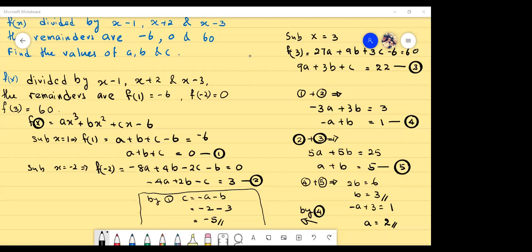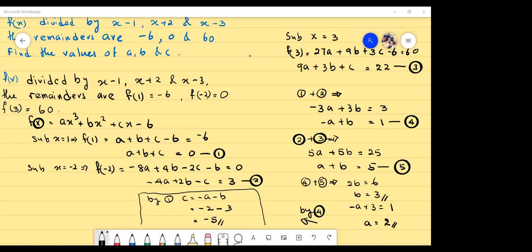Like that we need to get some unknown values. For that we cannot use long division. For that type of question we cannot use long division. That's why we need the remainder theorem. Got it?